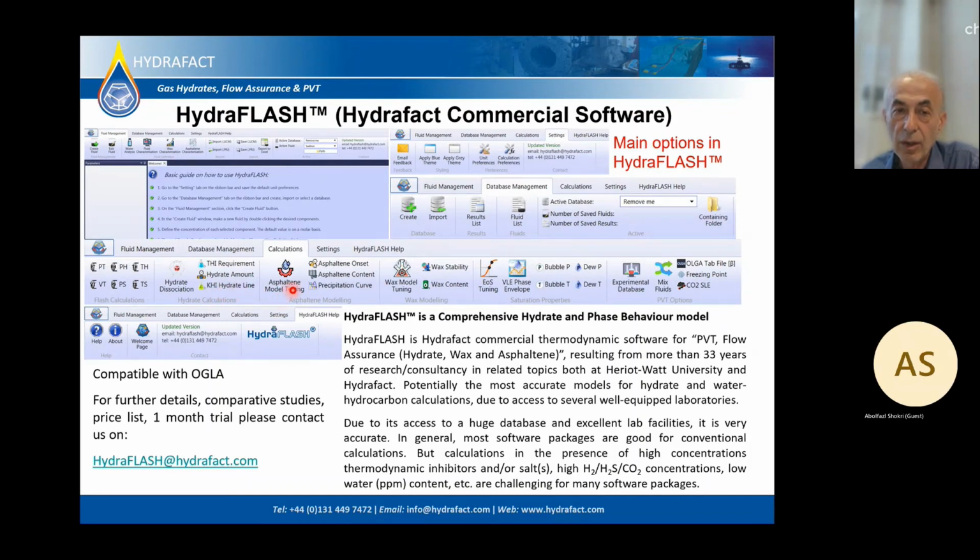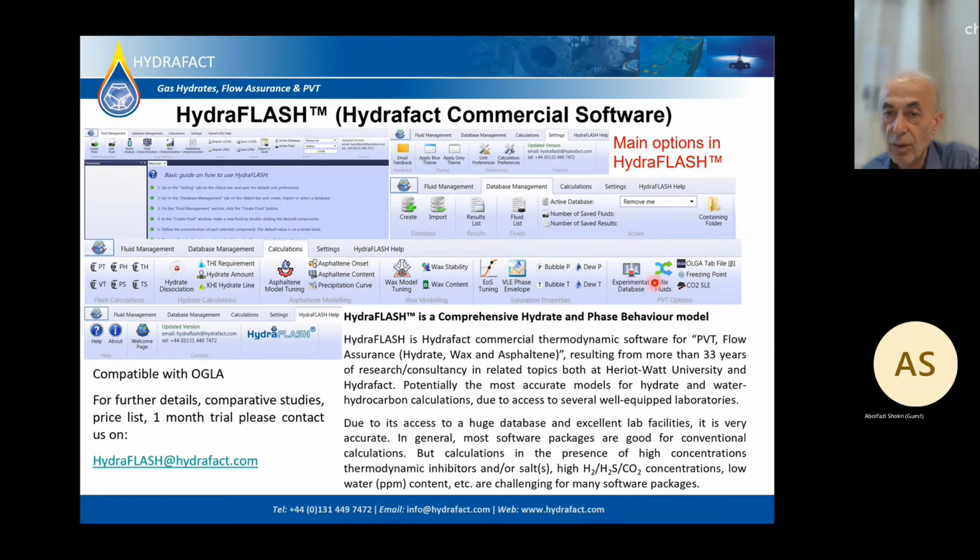And this is asphaltene: onset, amount of asphaltene, precipitation curve of asphaltene. This is wax: wax stability, wax control, EOS tuning. Experimental PVT data we can use and tune, and then phase envelope, bubble point pressure-temperature, dew point pressure-temperature.